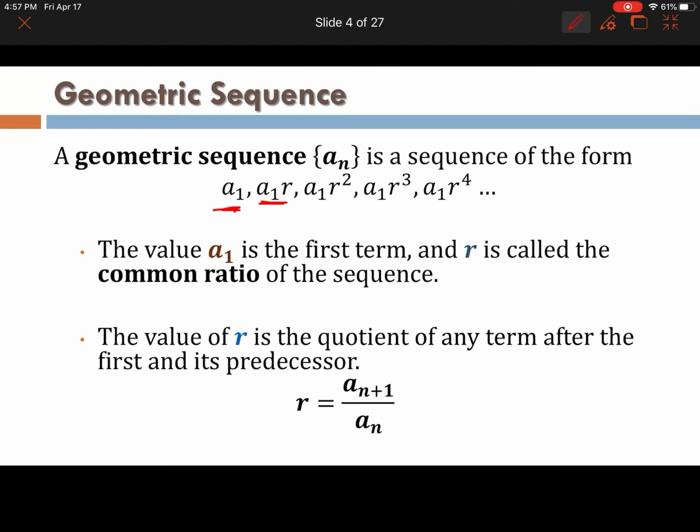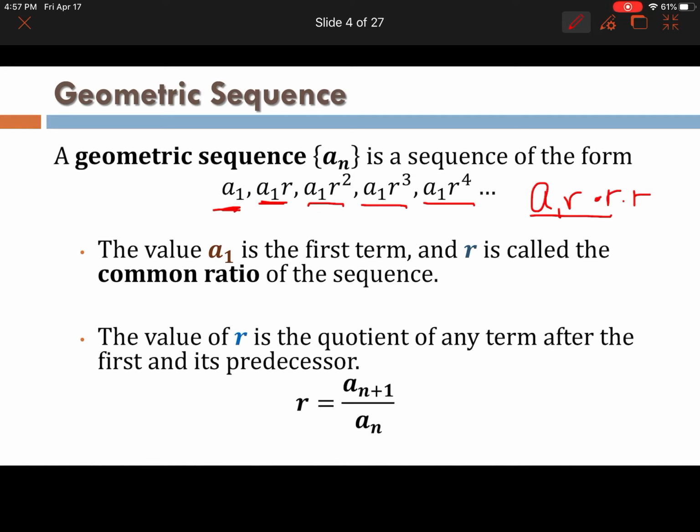And then we take that second term, so remember we're taking a sub 1 r, and we're multiplying it by r again to get the third term. So that is a sub 1 r squared. And then I take that third term and multiply by r again, and that gives me a sub 1 r cubed. And a sub 1 r fourth is the next one, and so on.